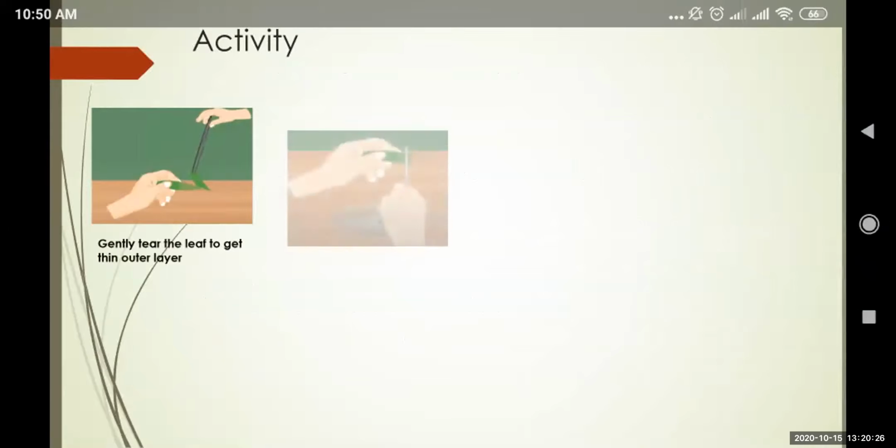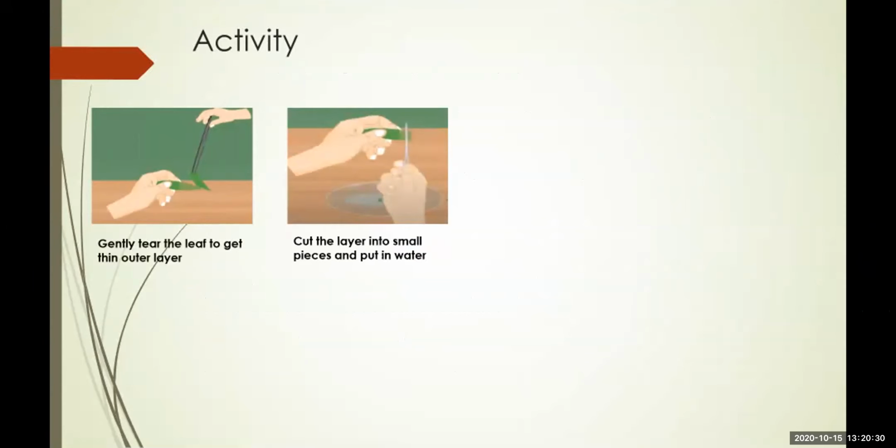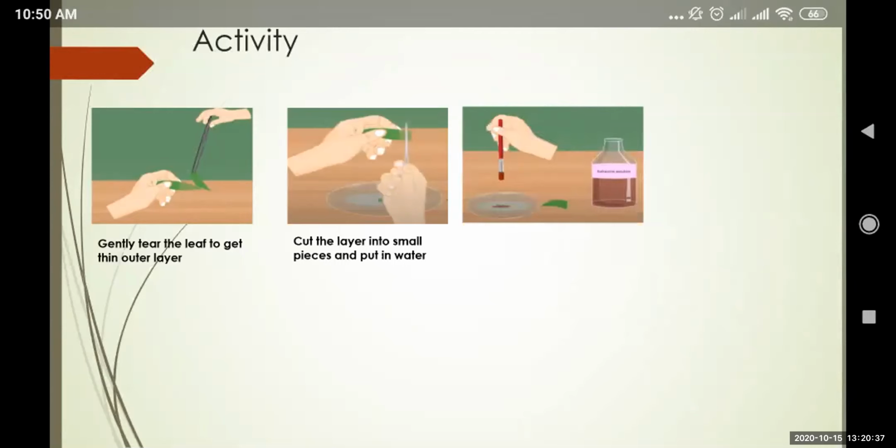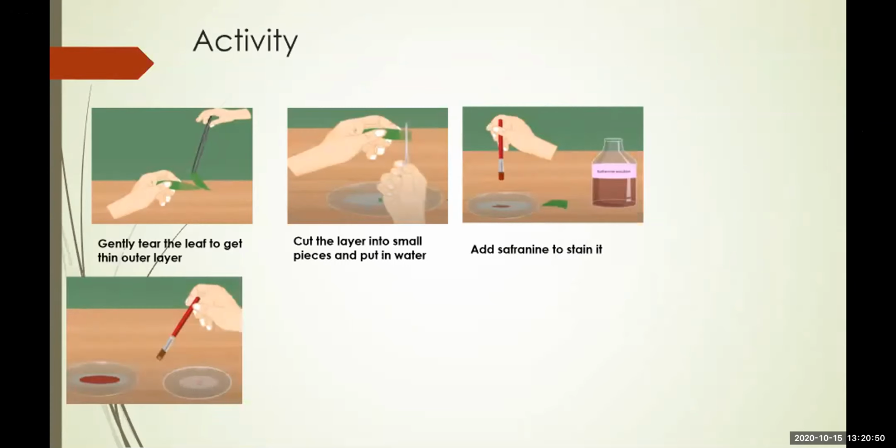The thin translucent layer, that is the outer layer of the leaf, cut it into small pieces and put it in water. After that, we have to add 2 to 3 drops of safranin stain to stain the tissue that is present in that thin layer.